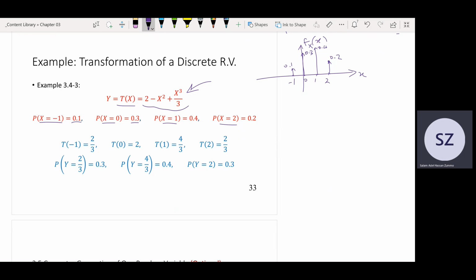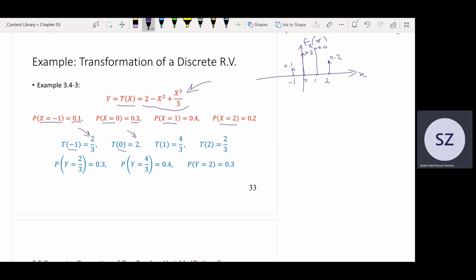So when X equals -1, what do you have? 2 minus 1 plus minus 1/3, right? So basically 2 minus 1 is 1, 1 minus 1/3 is 2/3. So for X equals -1, I get 2/3. When X equals 0, what do I get? 2 minus 0 plus 0, so Y equals 2.